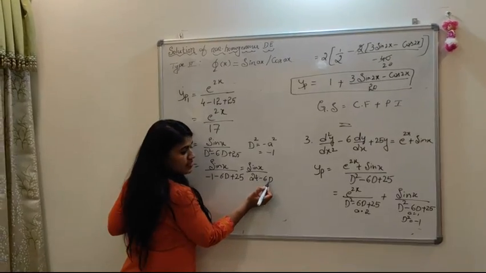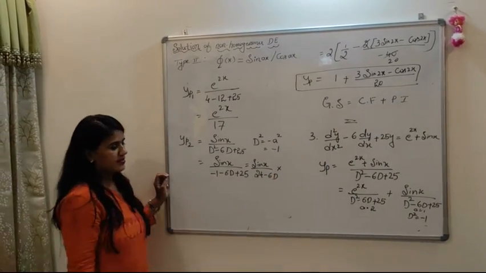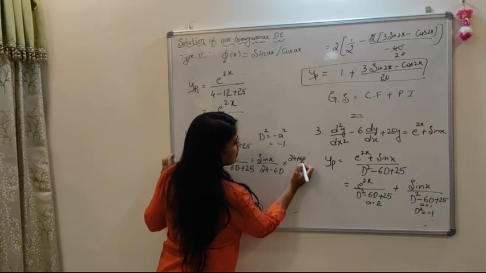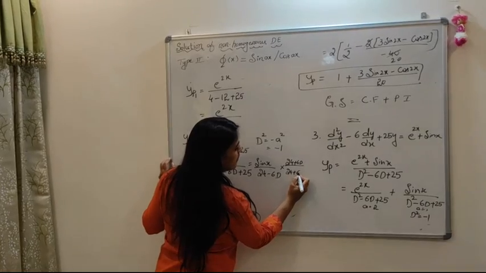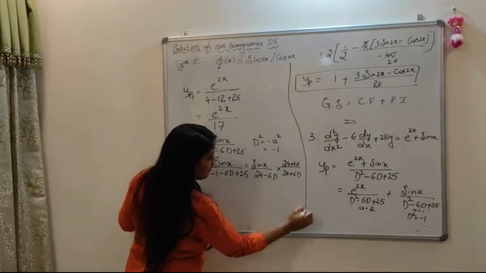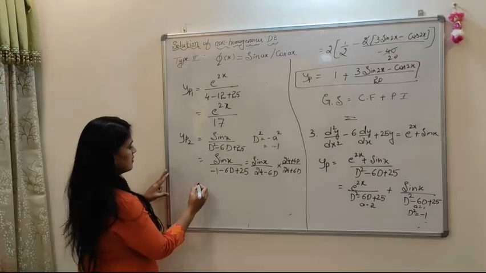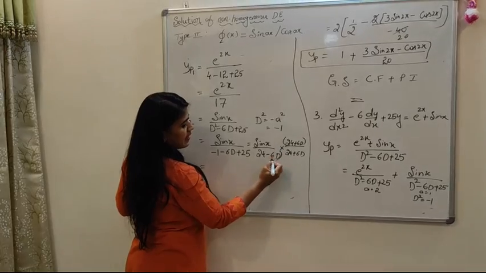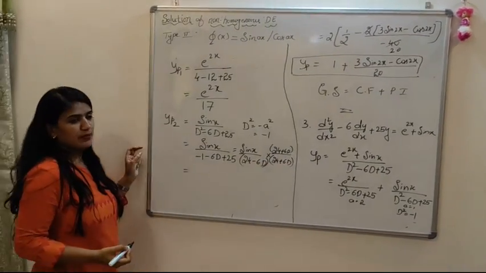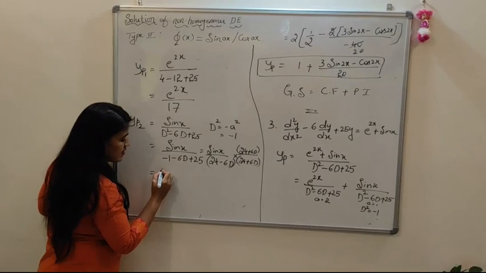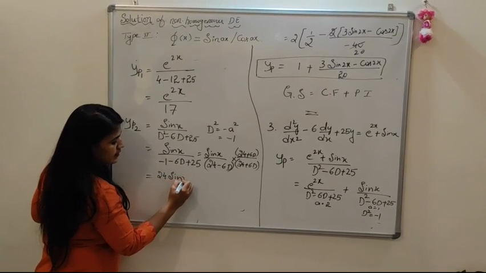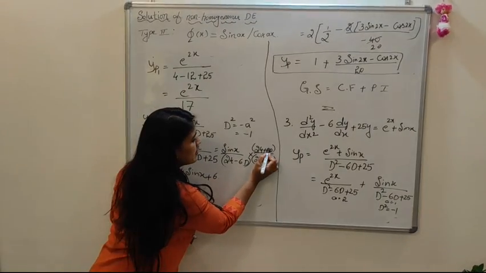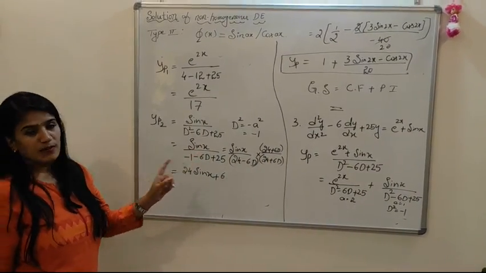Here there is no d square. So what we need to do? Rationalizing. Rationalizing means multiplying by 24 plus 6d divided by 24 plus 6d. So 24 plus 6d should multiply with sin x, and in the denominator a plus b into a minus b. 24 into sin x is 24 sin x plus 6 is constant, d is an operator, a differential operator.